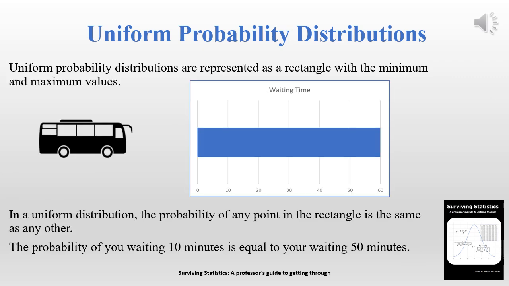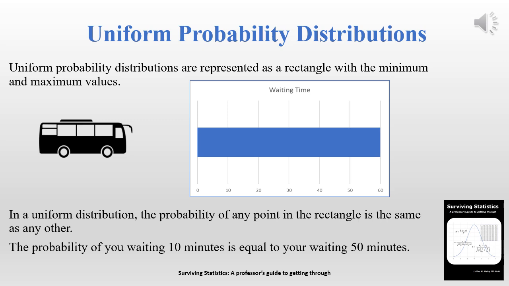We represent uniform probability distributions with a rectangle, beginning with the minimum value and ending with the maximum value. This rectangle has a minimum waiting time of 0, because the bus might arrive just as you got there, and a maximum of 60 minutes, because a new bus arrives every 60 minutes. And the probability is equal.